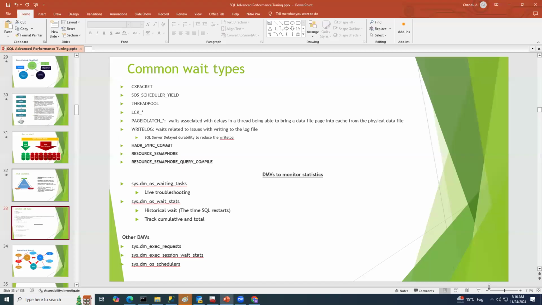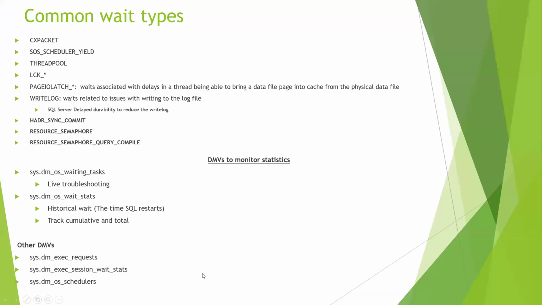Now go back to our discussion. These are a few common wait types, right? It is not restricted to only these. You might end up seeing some different wait types as well, but these are a few common wait types that we have. Can anyone tell me any of these wait types that you might have seen or understand? Or you have something else in your mind, some other wait types you might have noticed?